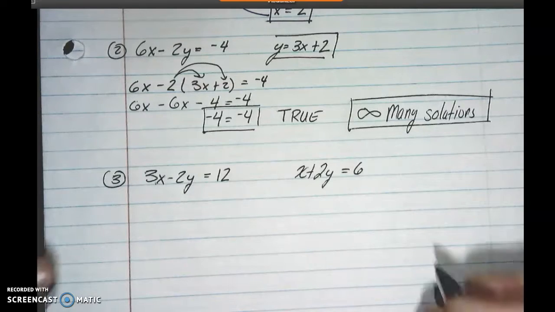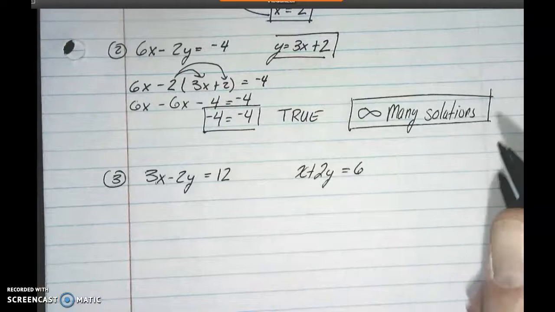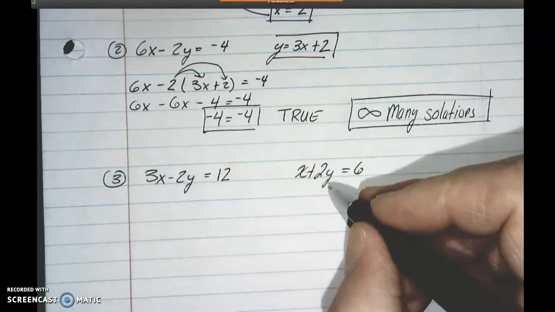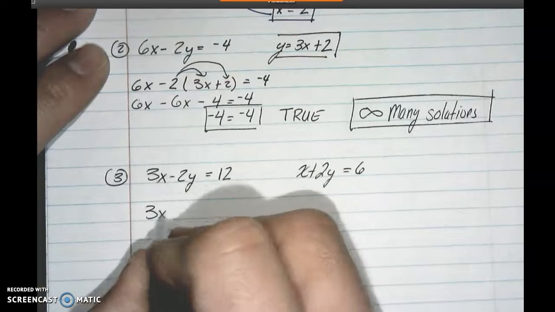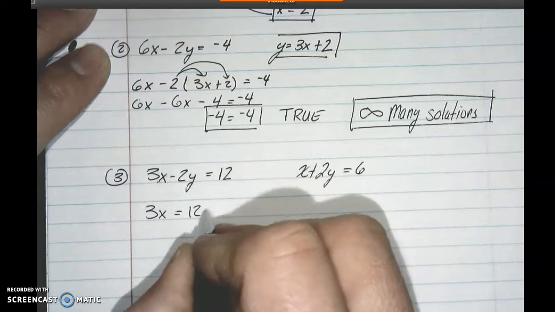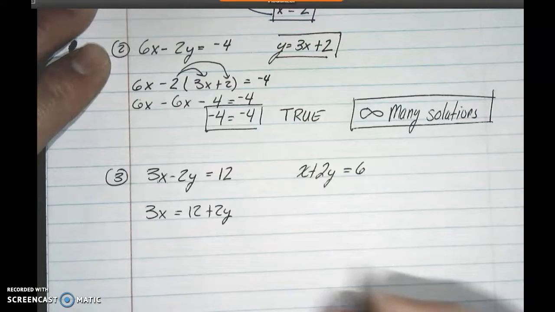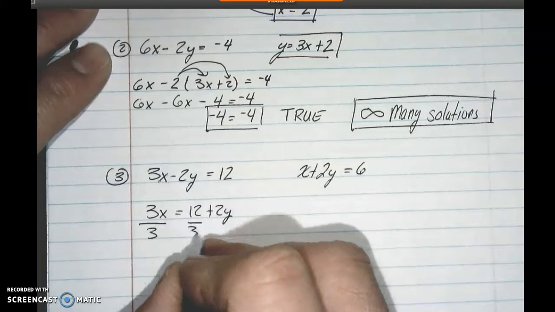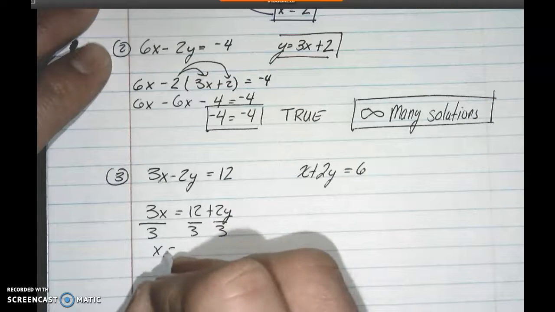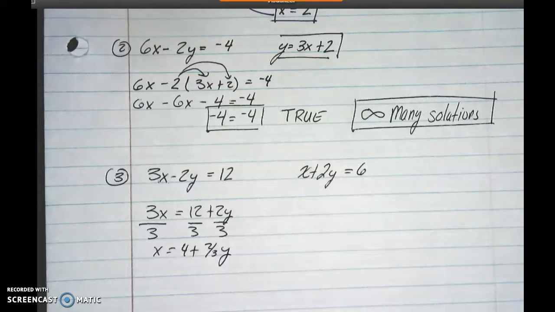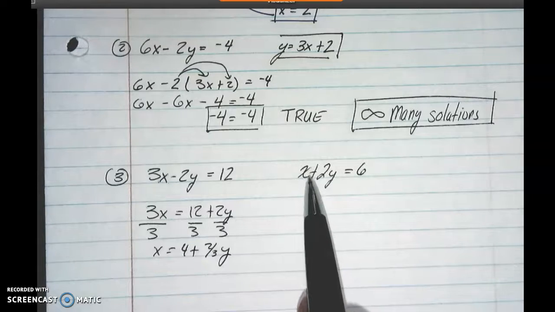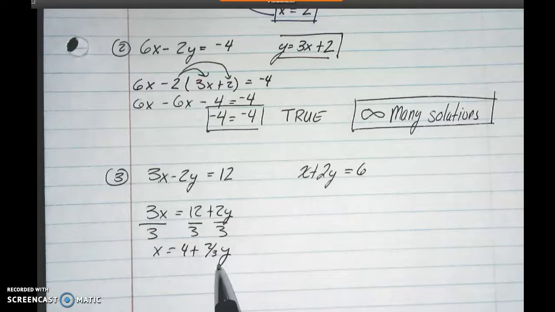If I didn't, let's say I wanted to do this 3x right here, right? So if I added the 2y over, then I'm going to have to divide by 3, right? So that's fine. I could put that into there and it would be just fine. I could simplify it, but you have to deal with a fraction, right?